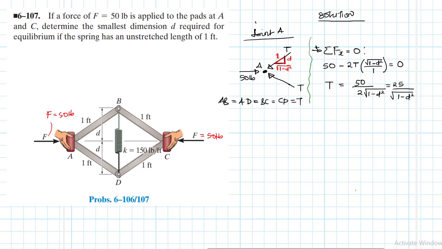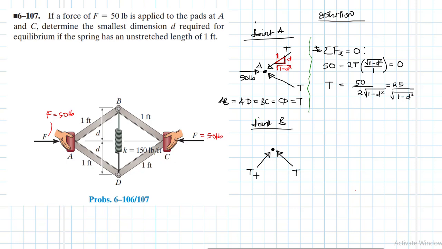Okay, so we have one equation, the value of T. So we say T is the same throughout. So we are going to go to joint B. Joint B has similar properties to joint D. So let's go to joint B. So we have this value of T here, and we have another T there.